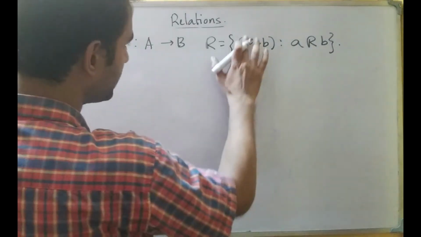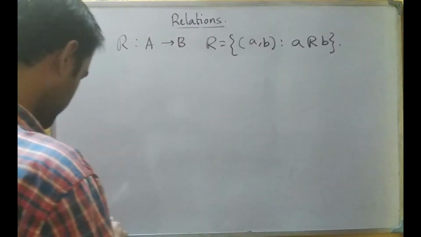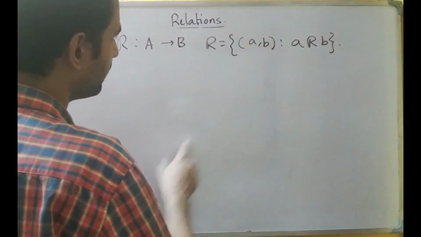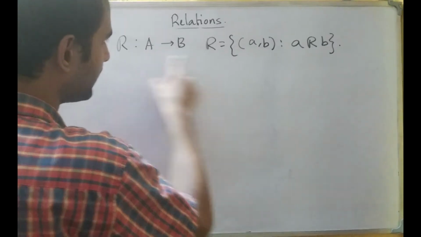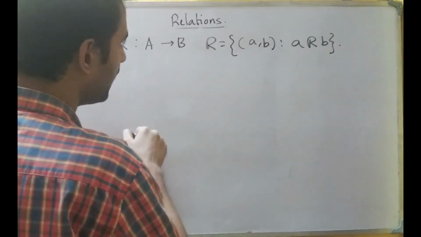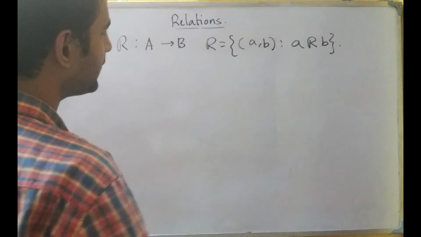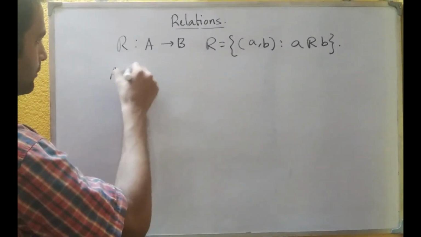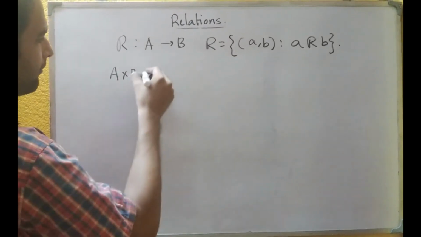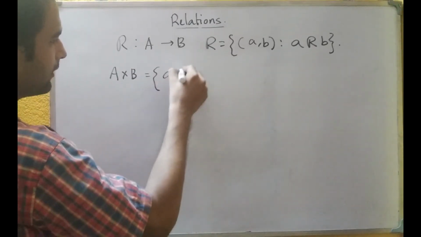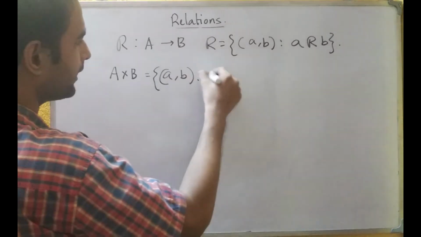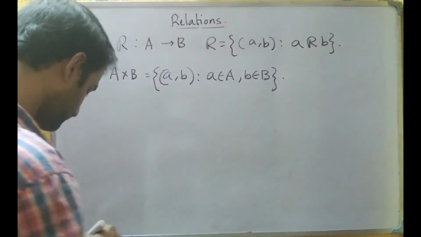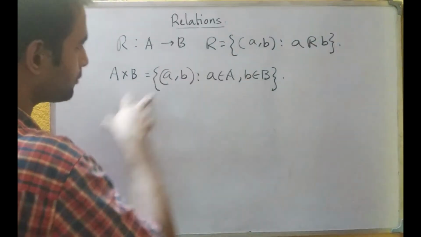Now see, the elements here are ordered pairs, and previously we have seen these elements A comma B, where A is from the set capital A and B is from the set capital B, are basically the elements of the set A cross B. So if you consider the set A cross B, you will see that it will contain all those elements ordered pair AB, where A belongs to A and B belongs to B. So what is the relation between these two sets?